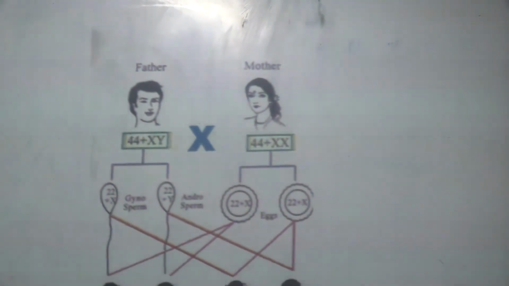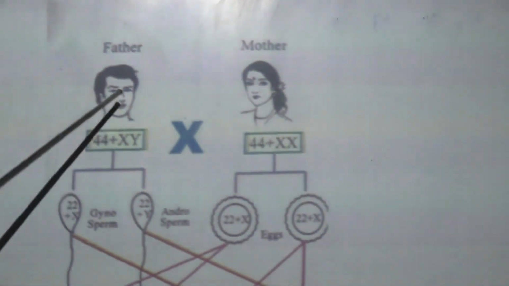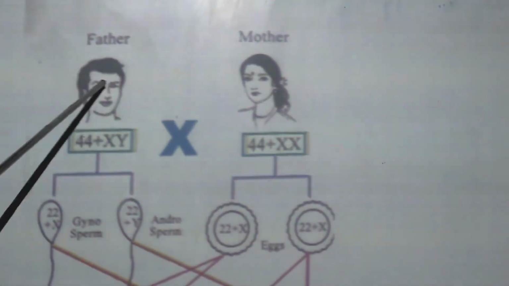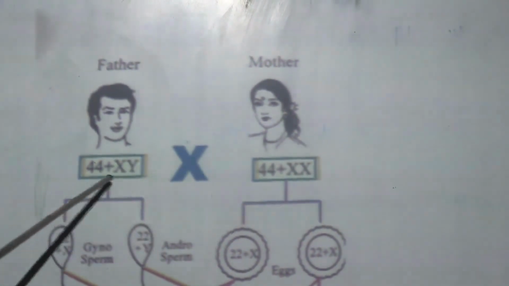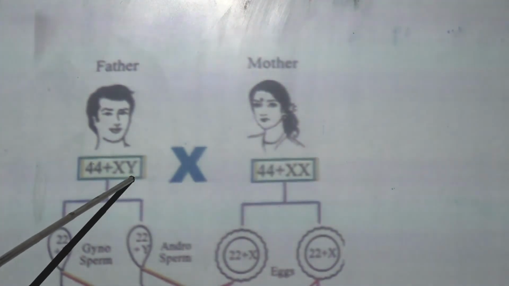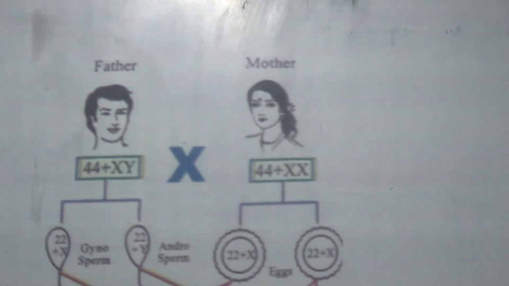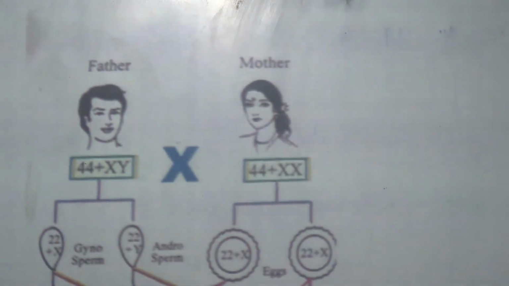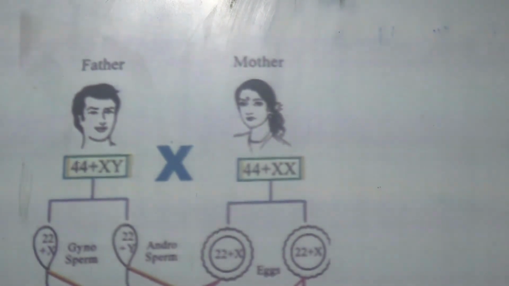So for this chart, don't draw the father's head and mother's head like that. Just take the number and the sex chromosomes, so that the diagram will be very easy for you.